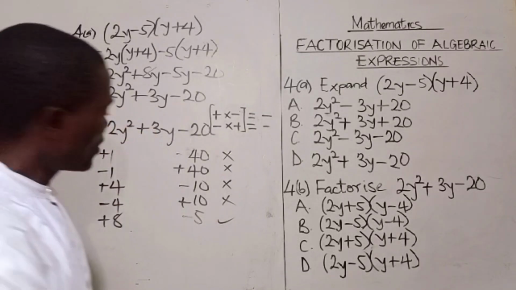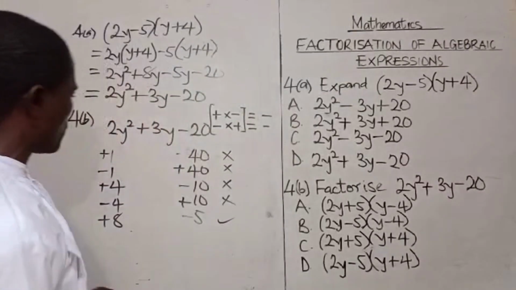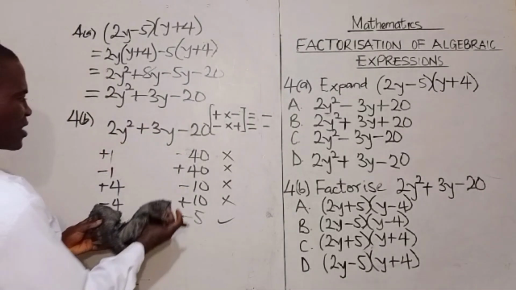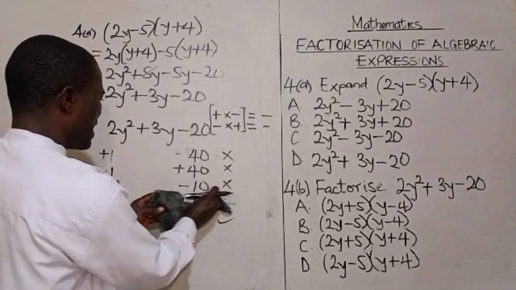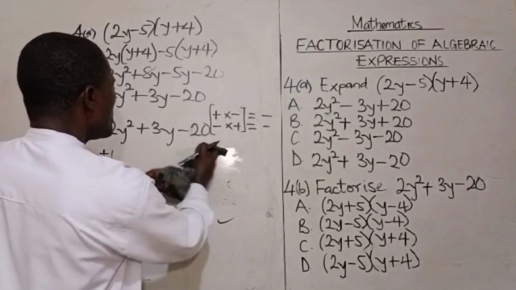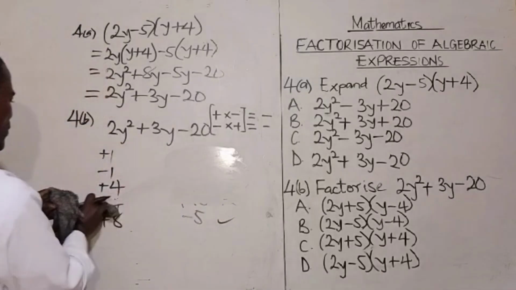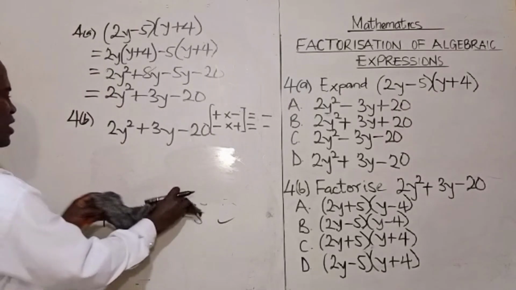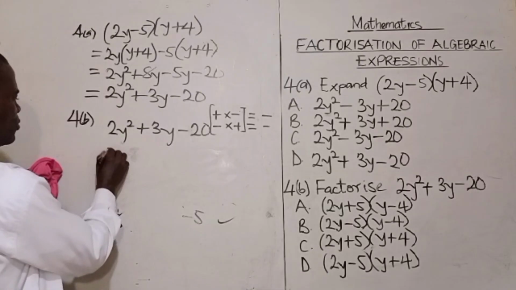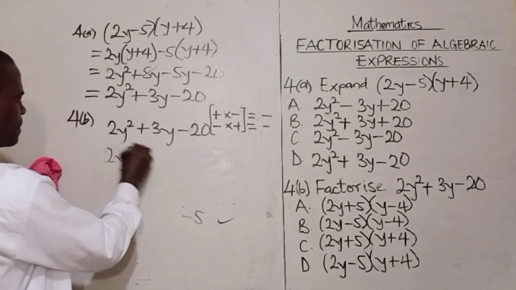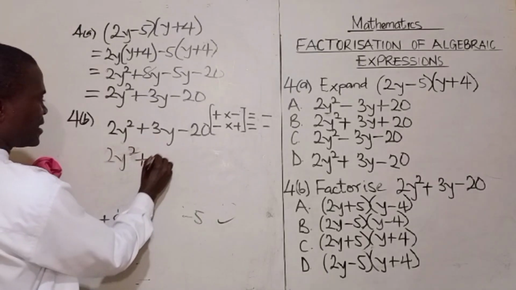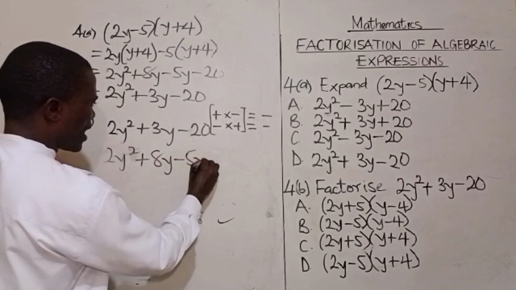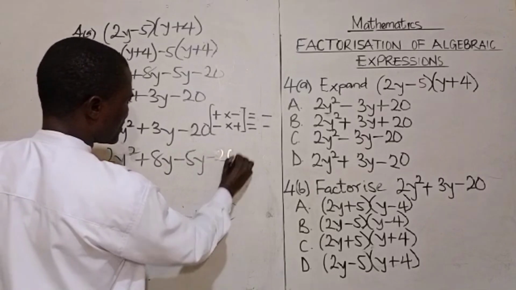How do we use it? Let's see the way we are going to adopt it. Since none of all these ones is correct, we are going to clean them up. So the only one that is most appropriate is minus 5 and plus 8. It will become 2y squared plus 8y, then minus 5y minus 20.